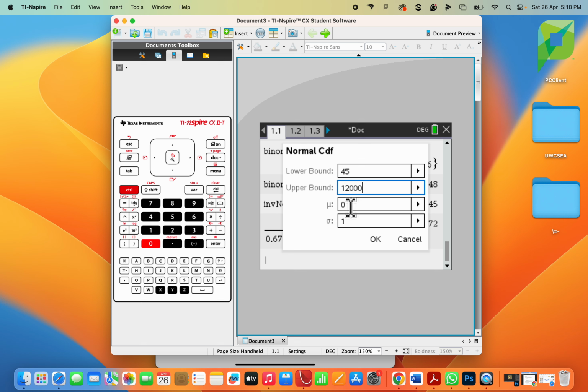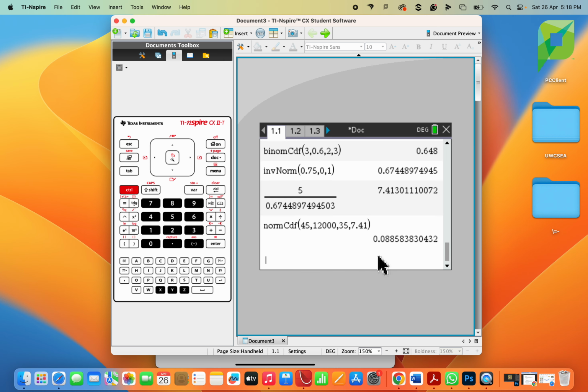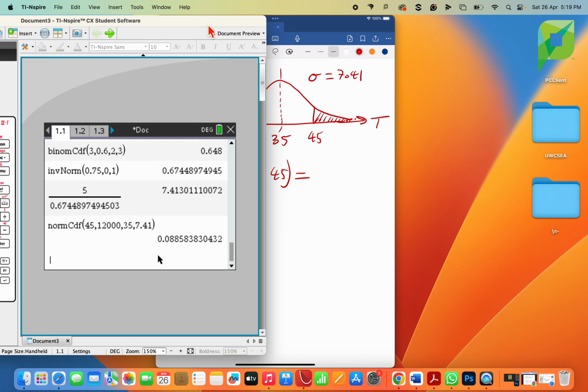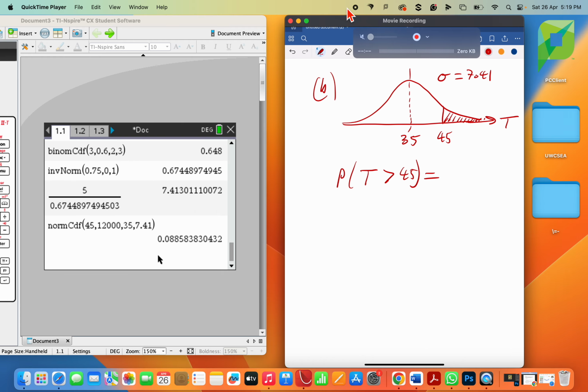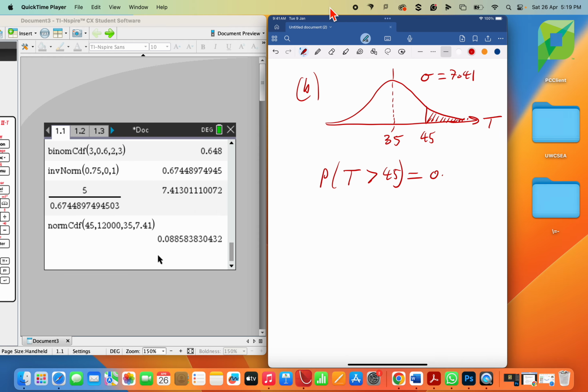As long as you're more than 5 or 6 standard deviations above the mean, it doesn't really matter how big the number is. And the mean is 35, and the standard deviation is 7.41. So 0.0886, that's 3 sig fig, right?